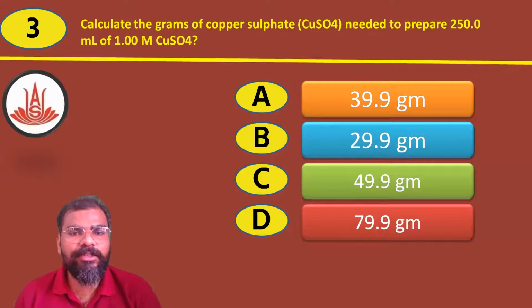Then question number 3, calculate the grams of copper sulfate CuSO4 needed to prepare 250 ml of 1 molar CuSO4.